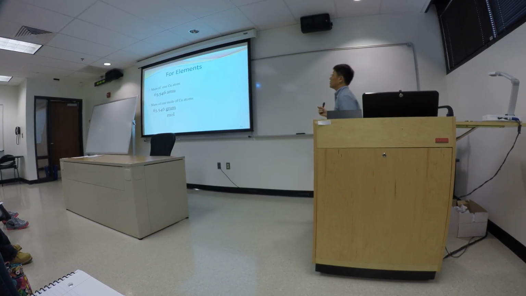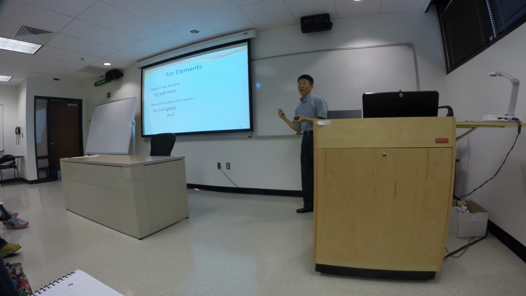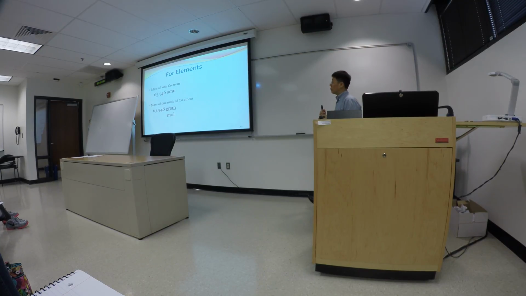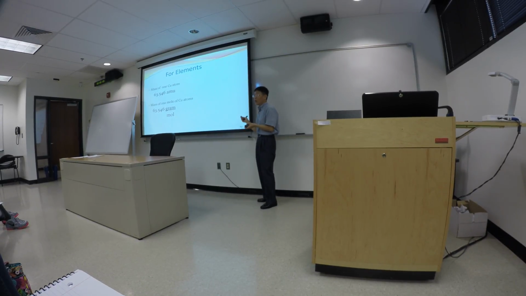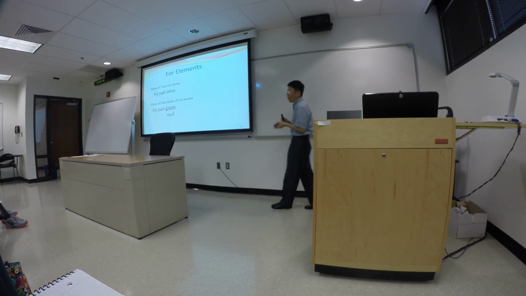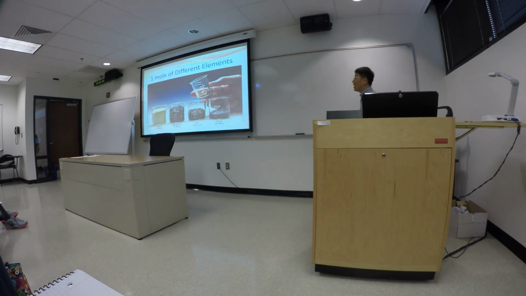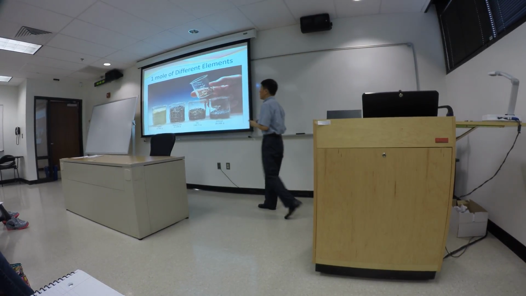This is where we can quantify the amount of chemicals. Counting by weighing, that's the whole idea of the mole concept. It's a very, very important concept, so you have to pay attention to that. One mole of different elements weighs different amounts in grams.